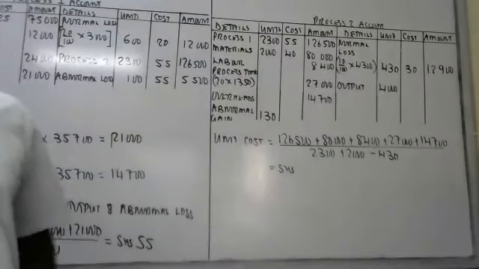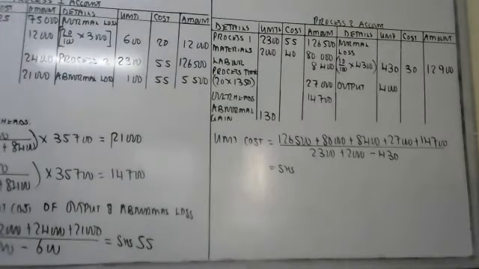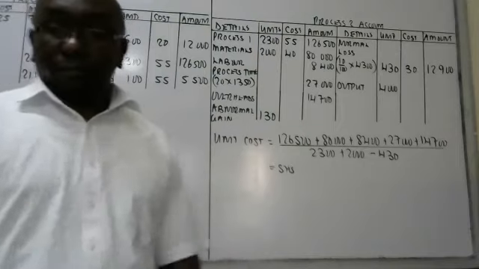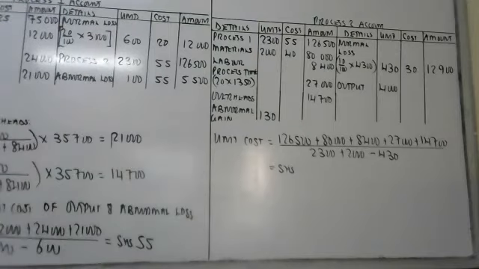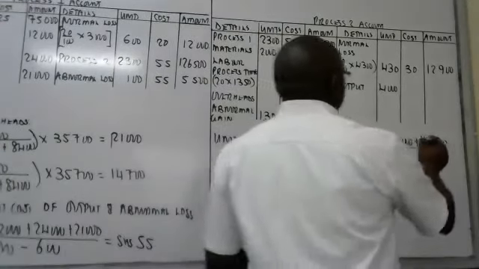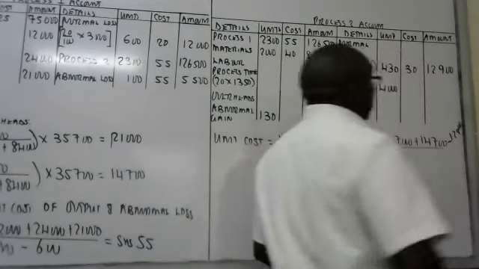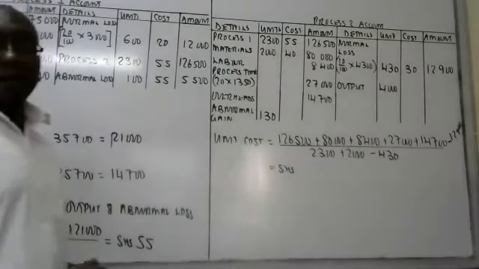So add that and give me the answer. Oh, sorry, there is this one, minus 12,900.